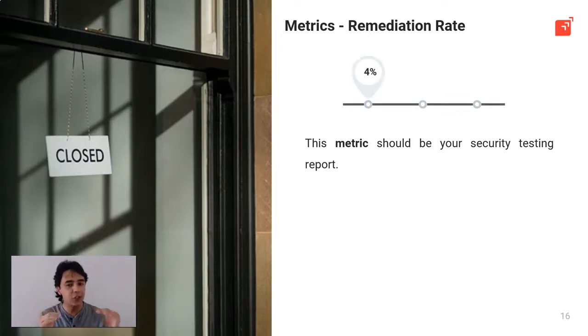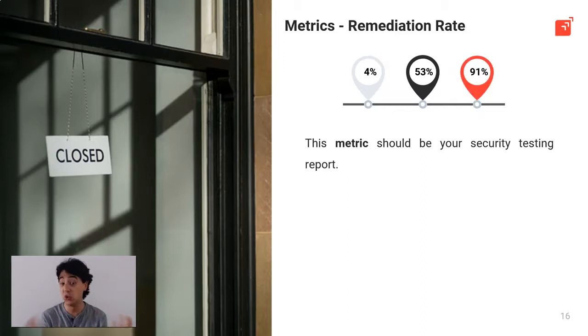But when organizations start testing security within the software development lifecycle, that is, testing continuously and breaking the build, the remediation rate rises to 53%, which is the average for organizations. Furthermore, the metric goes up to 91% in an organization's maturity stage.